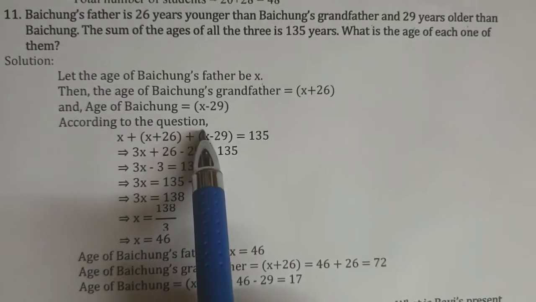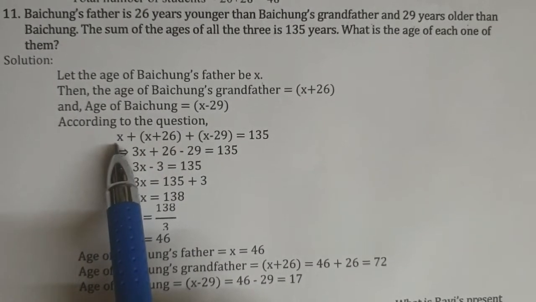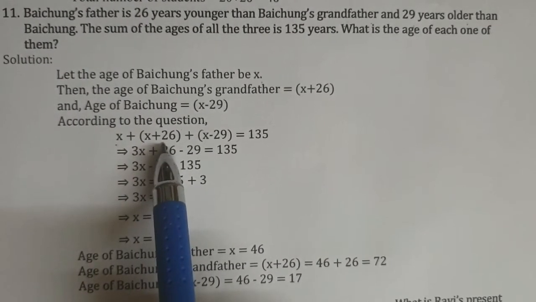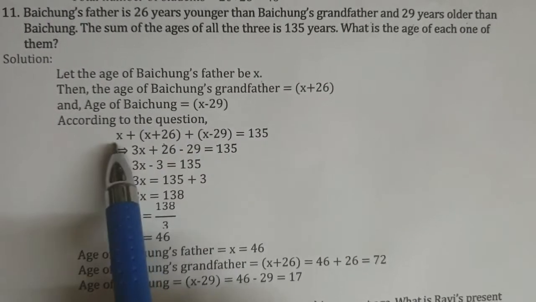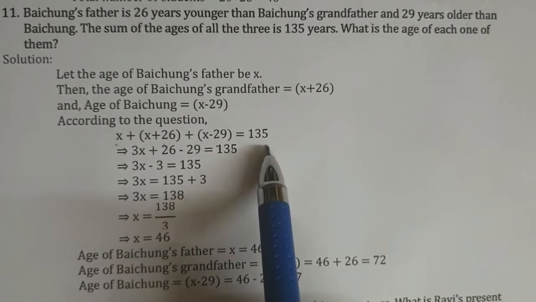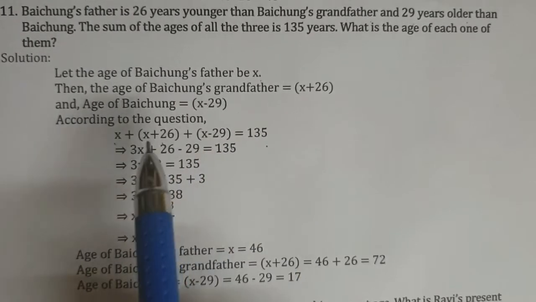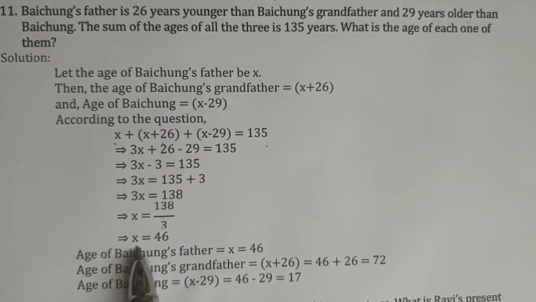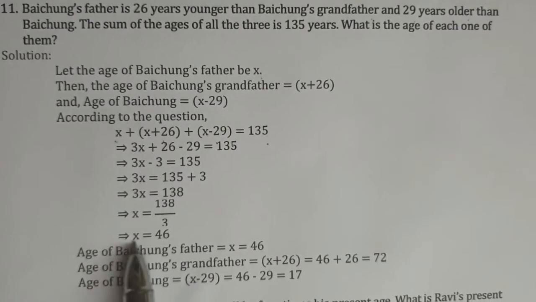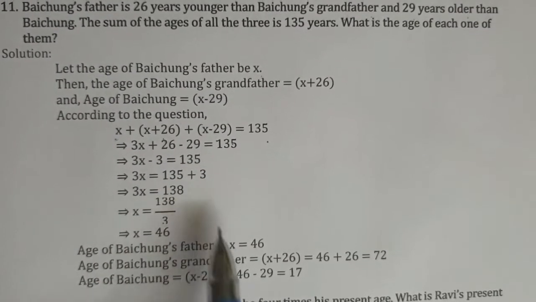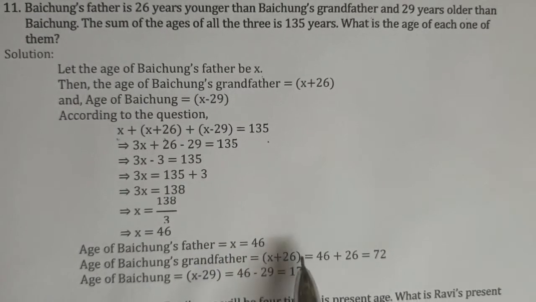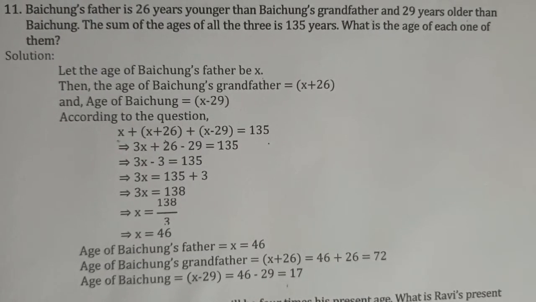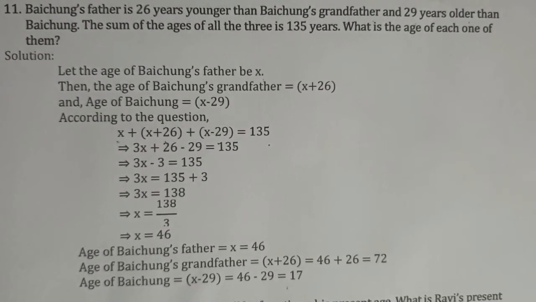So according to the question, this is the age of Bachung's father, this is the age of the grandfather, and this is the age of Bachung. When we add these three ages, we get the sum 135. So in this way we can find the value of x, and when we put the value of x in the supposed ages, that is x, x plus 26 and x minus 29, we get the exact ages of Bachung's father and Bachung's grandfather.